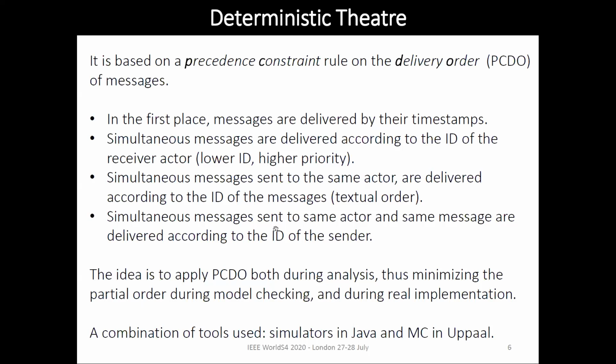In particular, we introduce a unique priority ID for each actor, and also for each message, so that when messages are directed to the same actor, we use the message priority. And when simultaneous messages are directed to different actors, we use the actor priority. So, in other terms, we control the delivery order according to these rules.